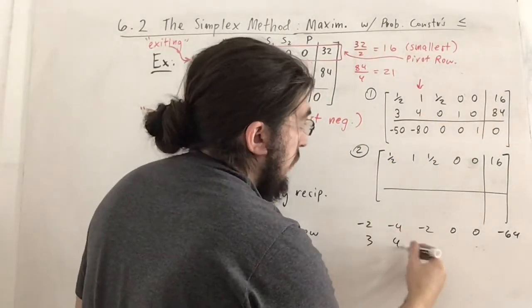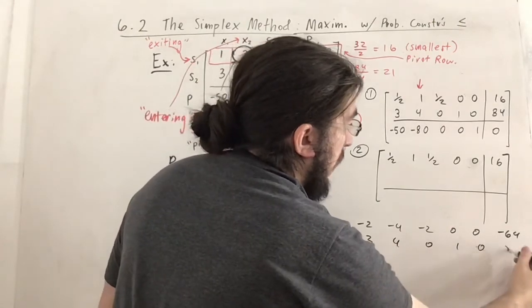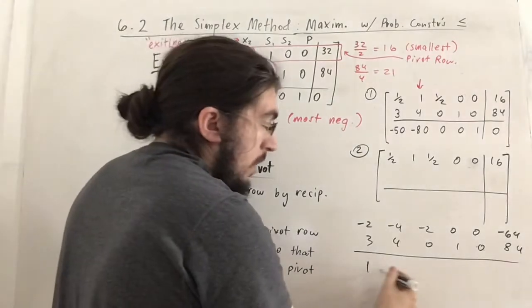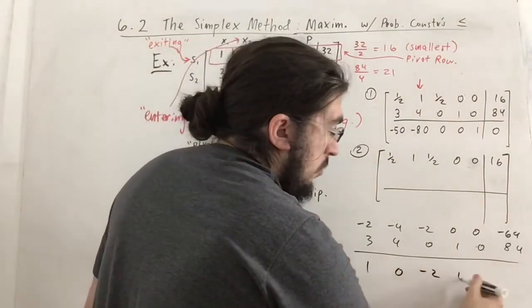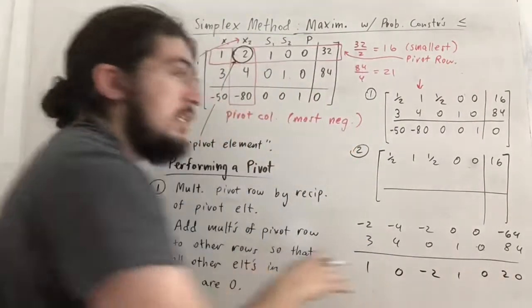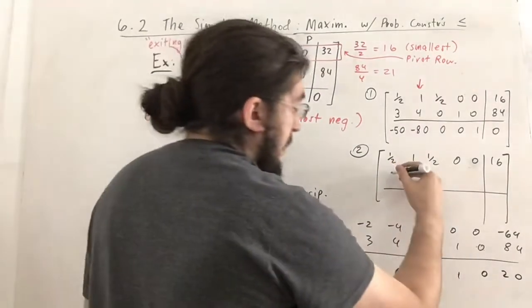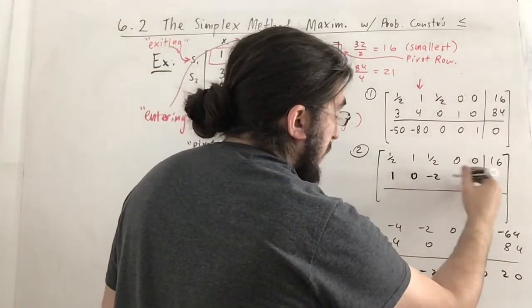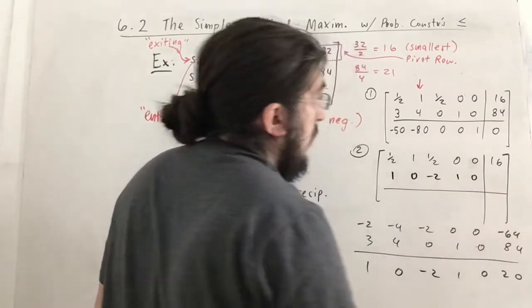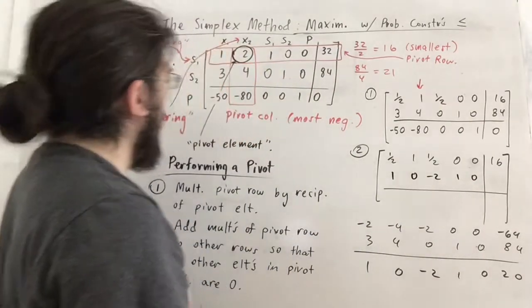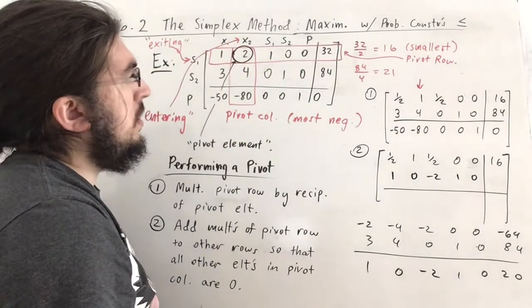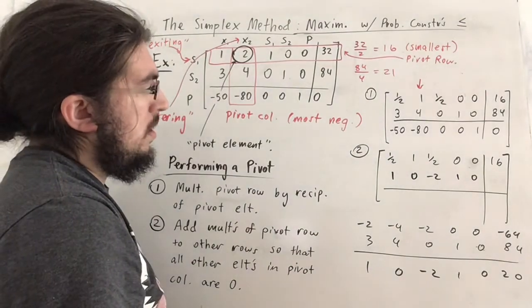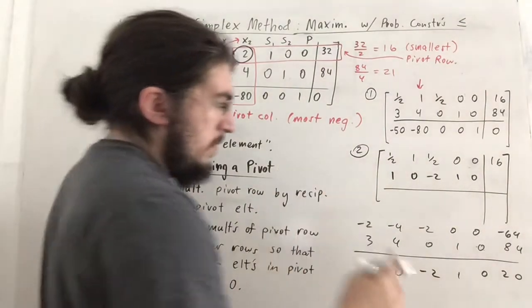So this is 3, 4, 0, 1, 0, 84. Now when you add these together, you get the following. You get 1, 0, negative 2, 1, 0, 20. So that's our new second row. So let me write that here. 1, 0, negative 2, 1, 0. And am I missing something? No, we're good. And then 20.